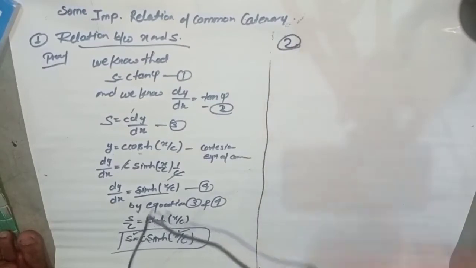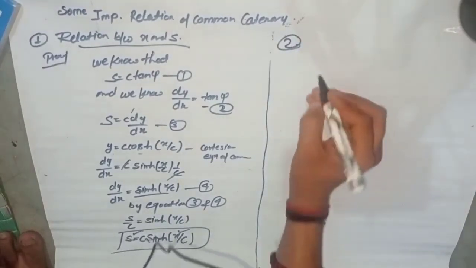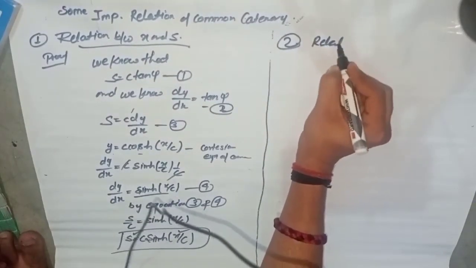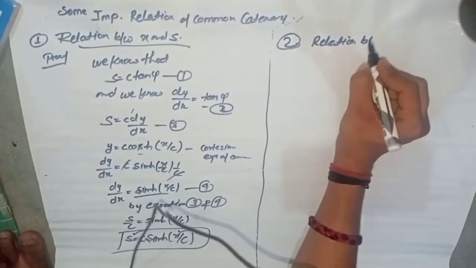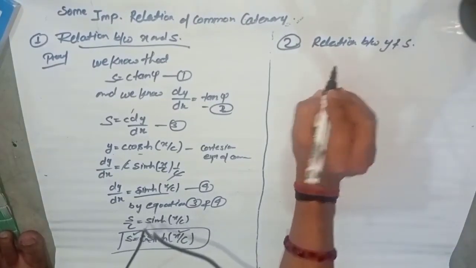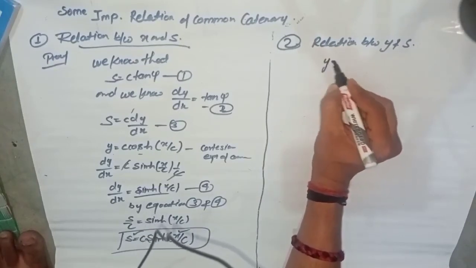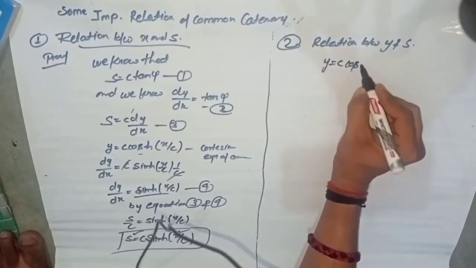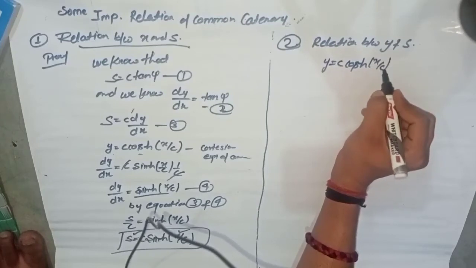Now the second is the relation between y and s. First we know the Cartesian equation, y equals c cosh(x/c).